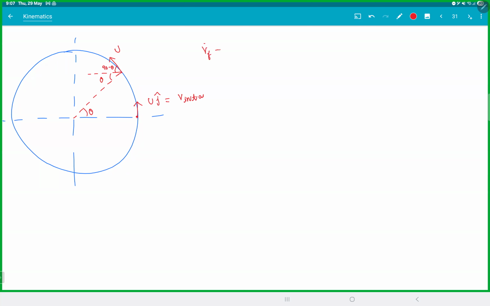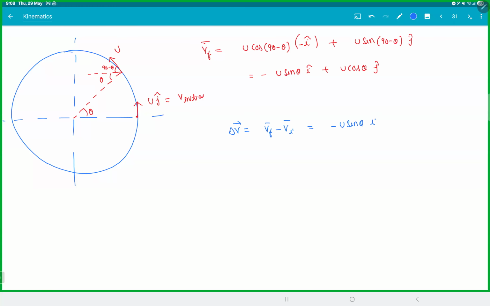You can clearly see V final will be u cos(90 minus theta) into minus i cap, plus u sin(90 minus theta) j cap. So this is minus u sin theta i cap plus u cos theta j cap. This is your V final and V initial. You are asking for change in velocity, which is V final minus V initial, so subtract them. So this would be minus u sin theta i cap plus (u cos theta minus u) j cap. This is your change in velocity.